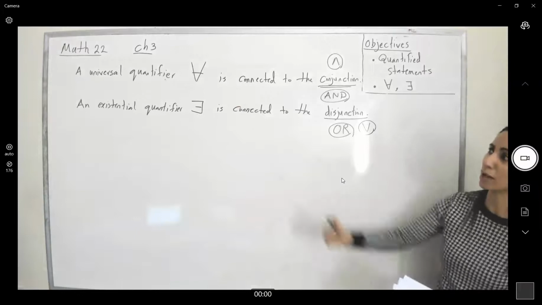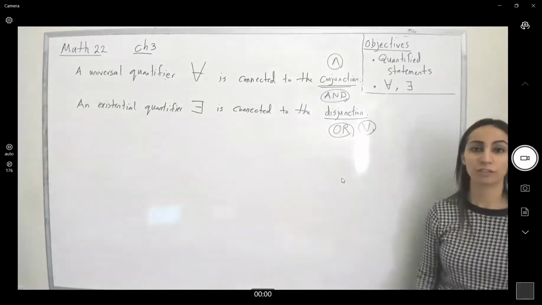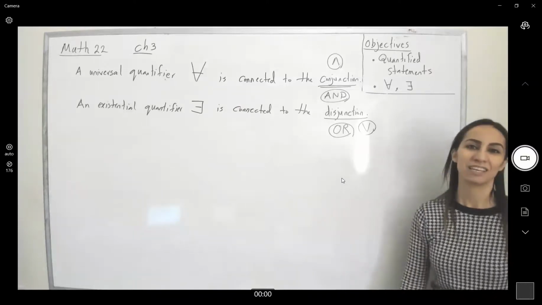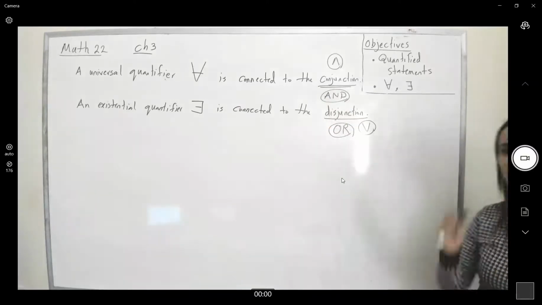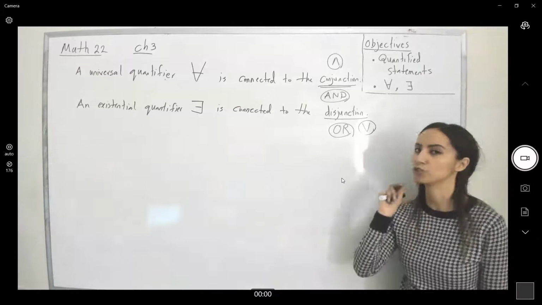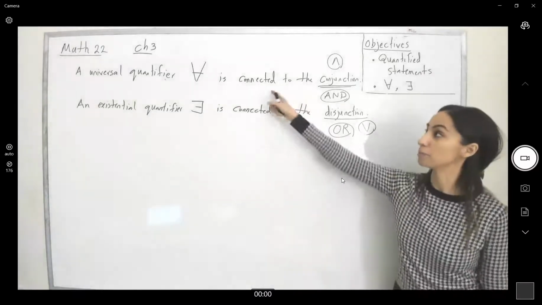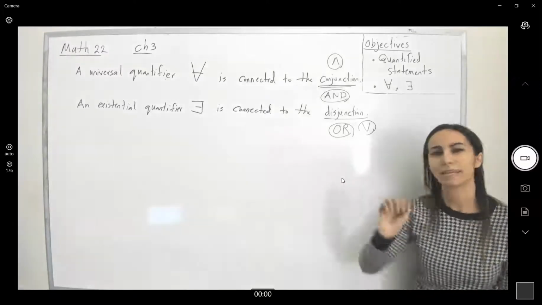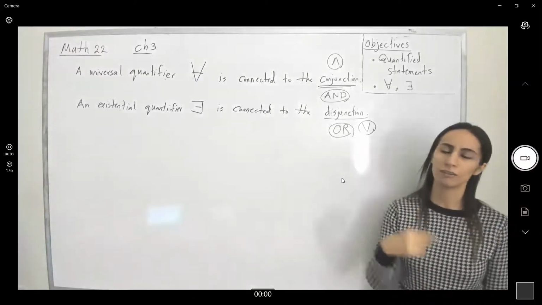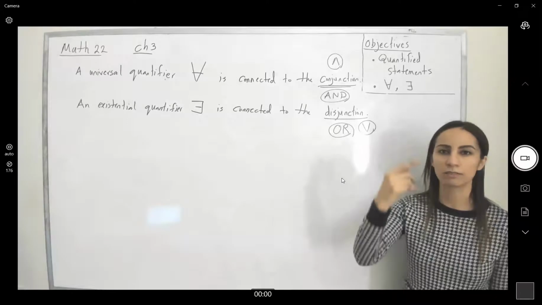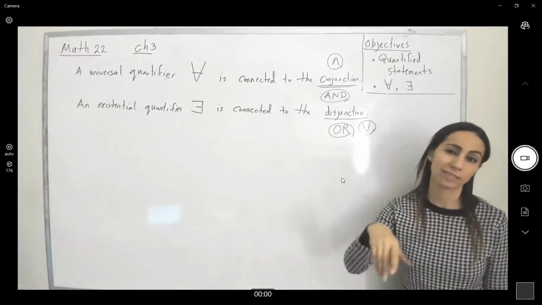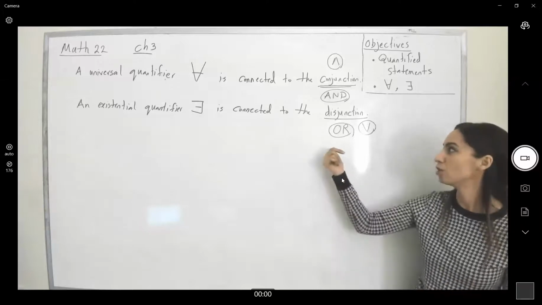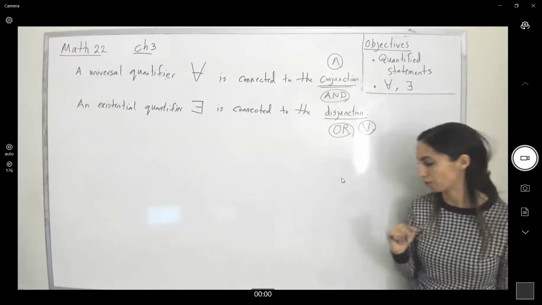When you're talking about a universal quantifier, it is true for every member in that set. Every one of them: if you take each of them, it must satisfy the statement. But when it comes to an existential quantifier, we need at least one. So either the first one, or the second one, or the third one, and so on. So it's connected to OR.